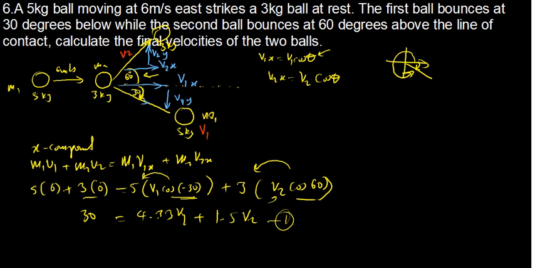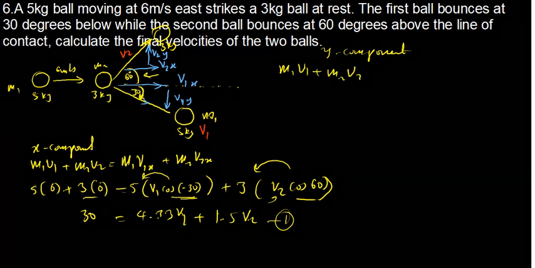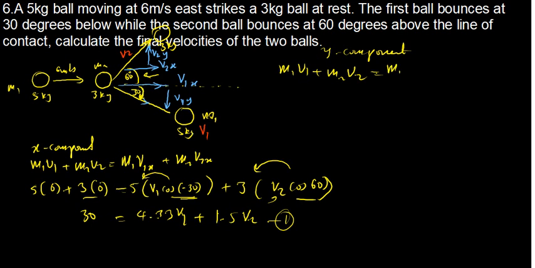Now we also go to work in the y component. So in the y component, same, momentum is conserved. m1 u1 plus m2 u2 should be equal to m1 v1y plus m2 v2y.